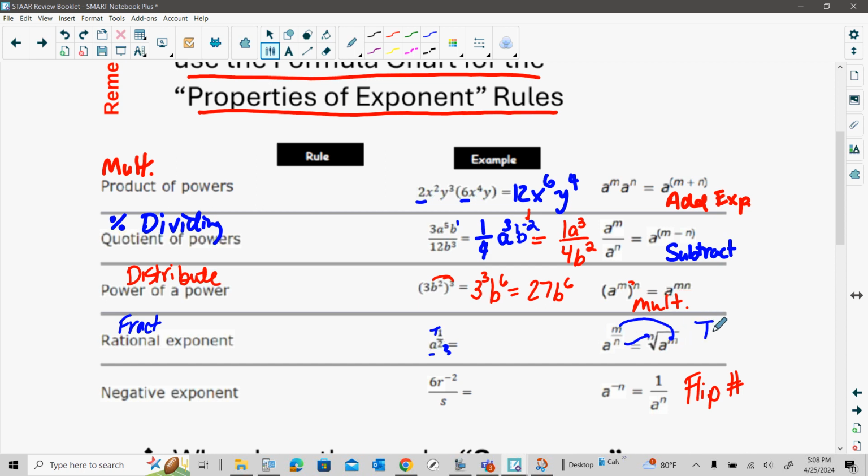So top in, bottom out. Okay. So if I have a to the 1/2, this would be written as a to the 1 power with an index of 2 outside the radical.